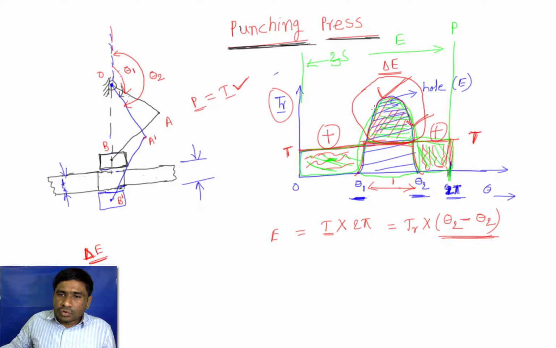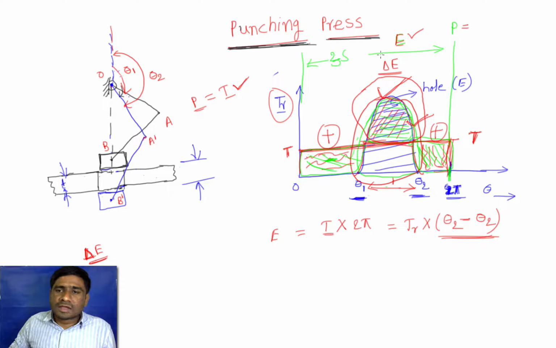If this whole area is given, we know it is equivalent to this rectangle area. So from here we can calculate the energy E, which is equivalent to the energy supplied by the motor.